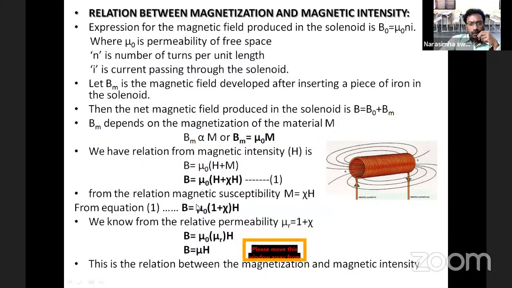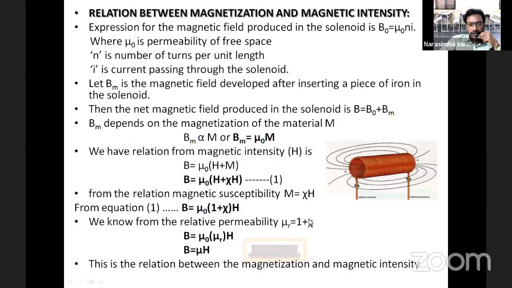Now from equation number 1 we can rewrite this: B is equal to mu naught, H taken common, then 1 plus chi. We already discussed in the relative permeability concept that mu r is equal to 1 plus chi.